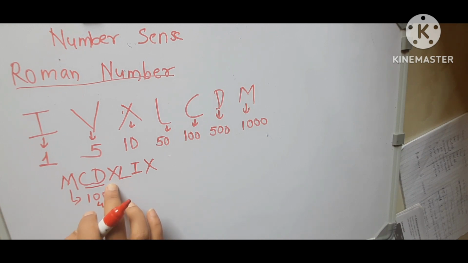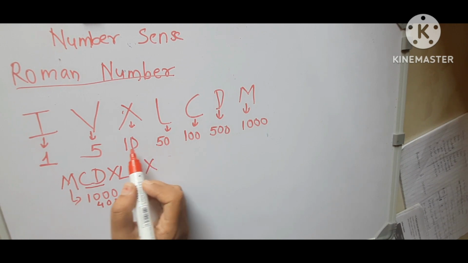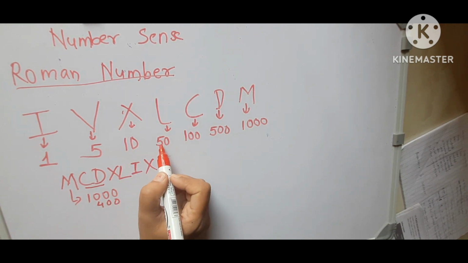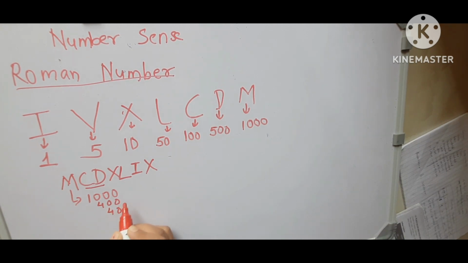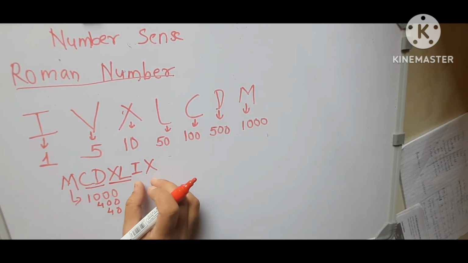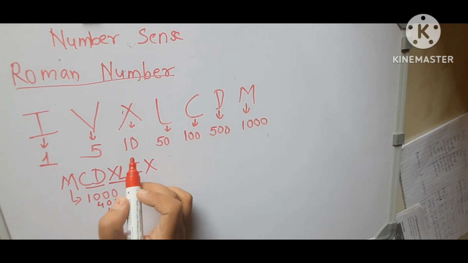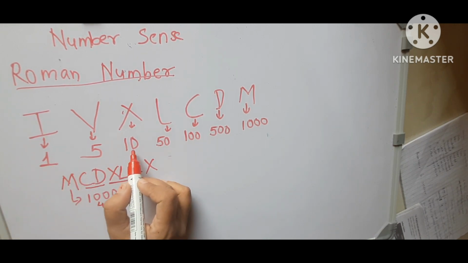Now next is XL. Again we got a pair of a smaller number and a larger number. What we'll do is again 50 minus 10, because L is larger and X is smaller, so we get the value 40 for XL. I, X, again I is 1, X is 10.